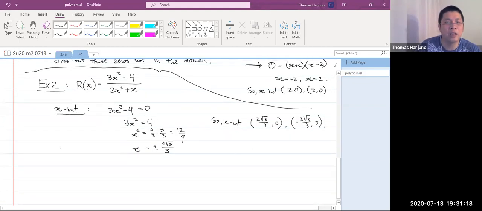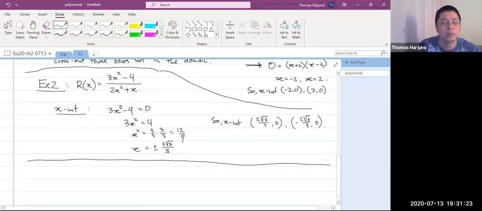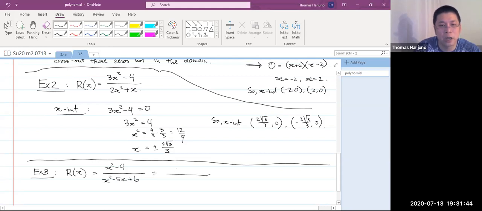Now what happens if we have a 0 that is actually not in the domain? Let's do a new example. R(x) equals (x squared minus 4) over (x squared minus 5x plus 6). This will be (x plus 2)(x minus 2) over (x minus 3)(x minus 2).